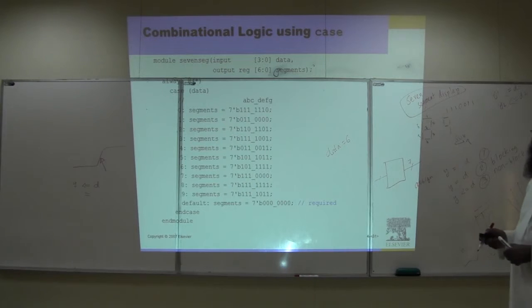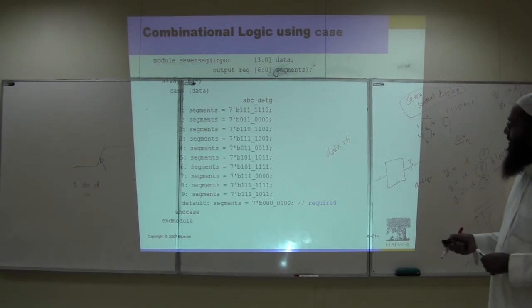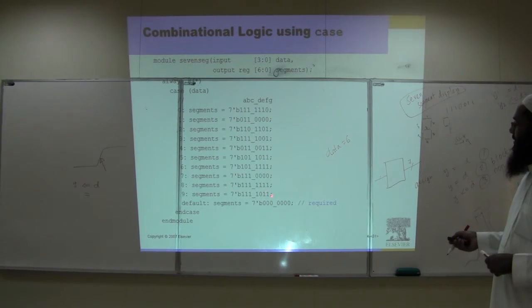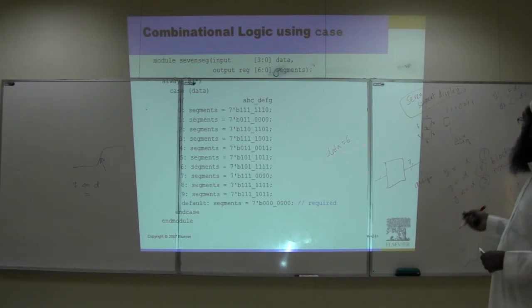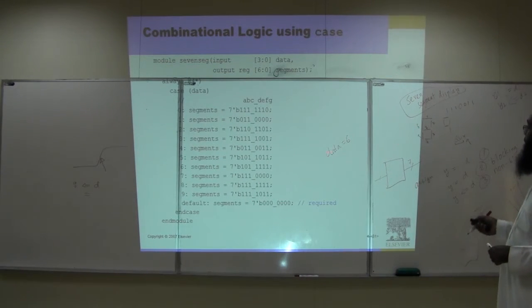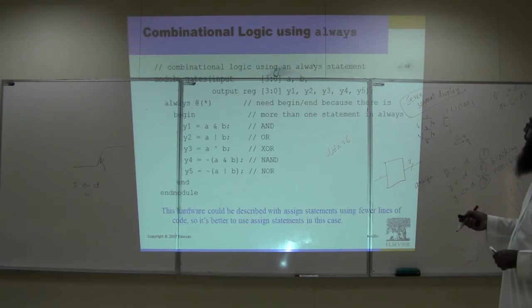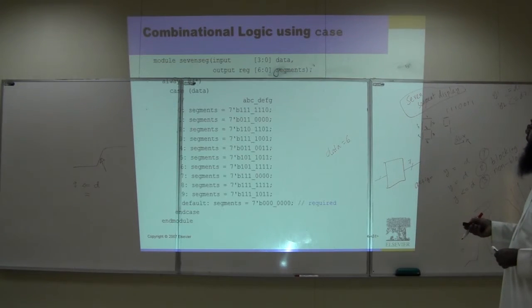Something similar. Teacher, here 9 is 1, 1, 1, 1, 0, 1, 1. It's different here. No, I mean it depends on how you number the segments. That's why I'm looking for their picture. It's not here. It depends on how you number your segments. Do you understand?